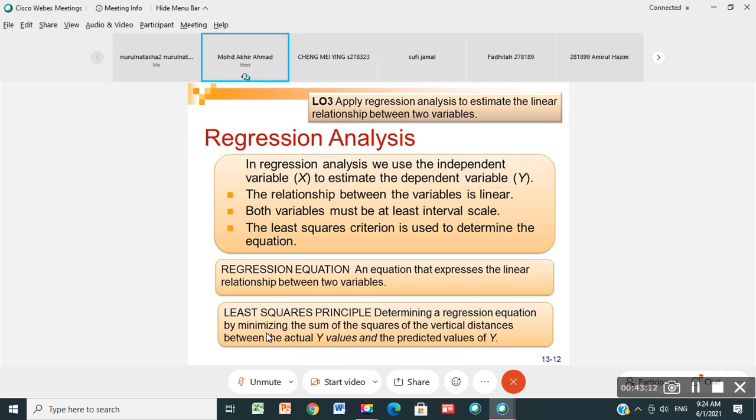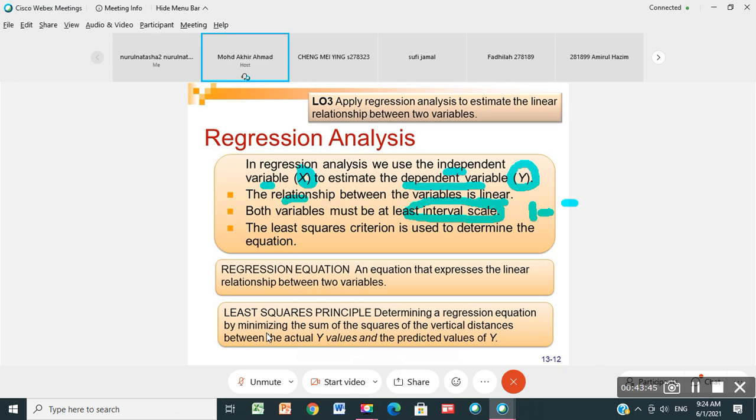That means here we learn about two variables. One they call y. Y represents the dependent variable, and x represents the independent variable. So we want to know whether the relationship is linear or not. Number two, variables should be interval scale. Why in our research we use the Likert scale 1 to 5?